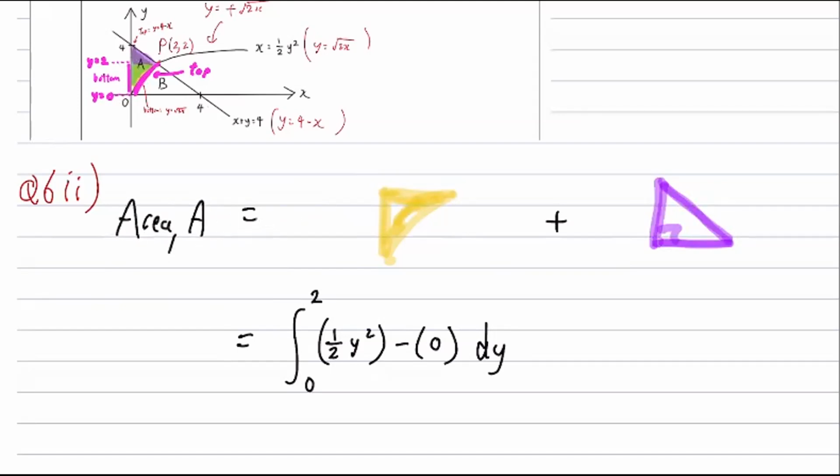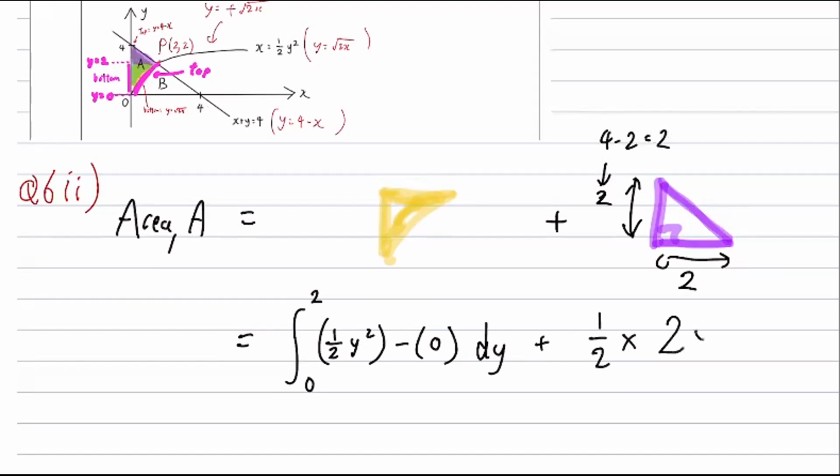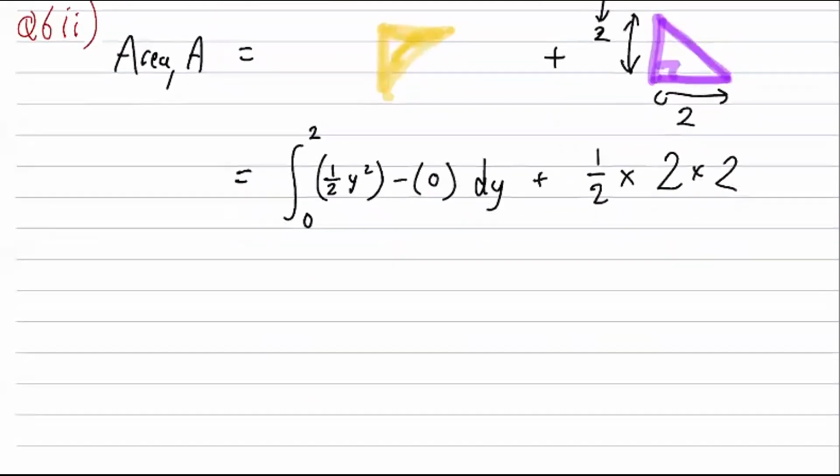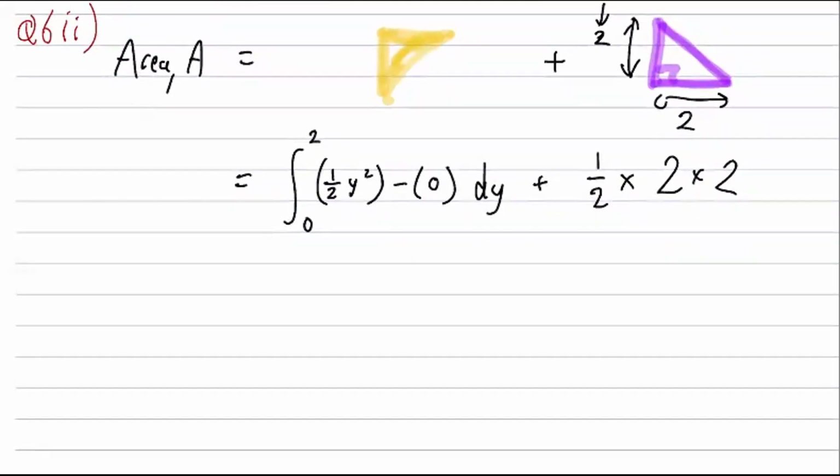Triangle. So half times base times height. What's my base? What's my height? It's 2 and 2. 4 minus 2 is 2, right? This guy is 4 minus 2 equals 2. So half times 2 times 2. Then there you go. I think this is a little bit easier.